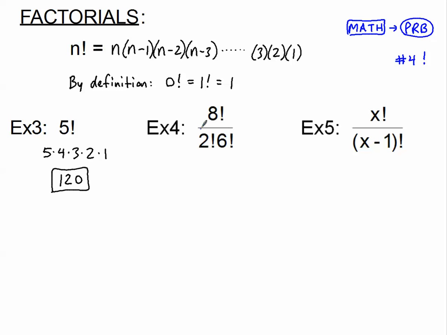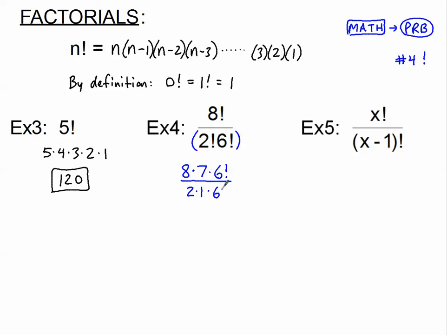8 factorial divided by 2 factorial times 6 factorial. If you wanted this in the calculator, that's okay, as long as you tell the calculator that the denominator is that whole thing. This is not very difficult to do by hand. 8 factorial is the same thing as 8 times 7 times 6 factorial, and 6 factorial is really all that I need, because that's the rest of it: 6 times 5 times 4 times 3 times 2 times 1. 2 factorial, of course, is just 2 times 1.